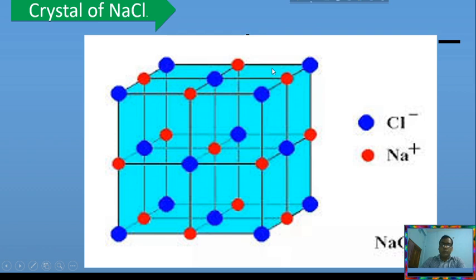So if we observe the crystal of sodium chloride, there are 6 ions around every ion. This is sodium: 1, 2, 3, 4, 5, 6. So there are 6 ions surrounding every ion.